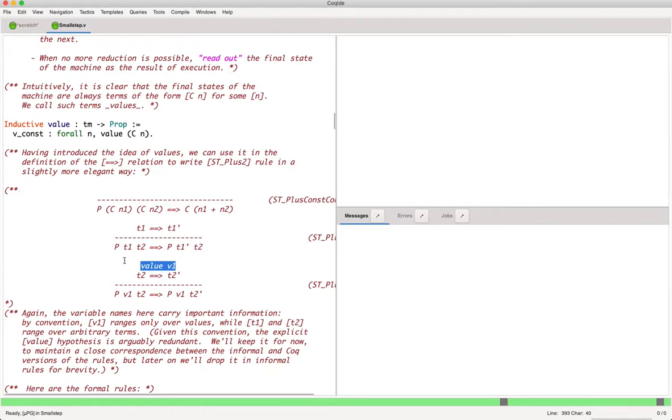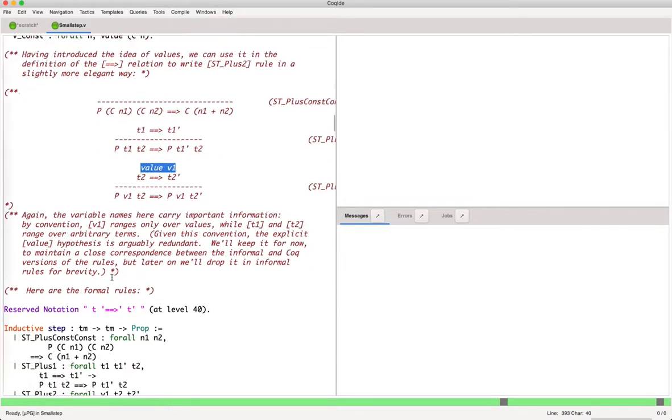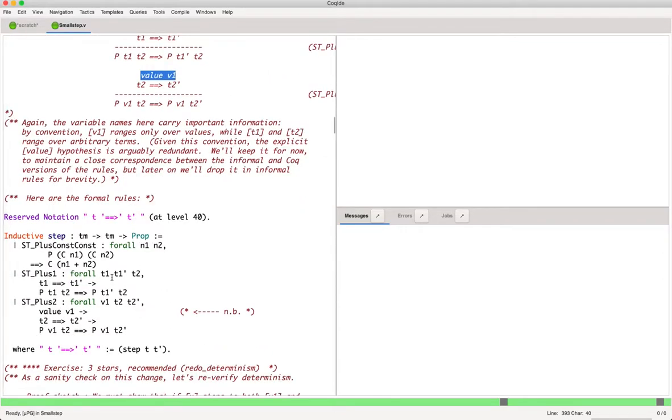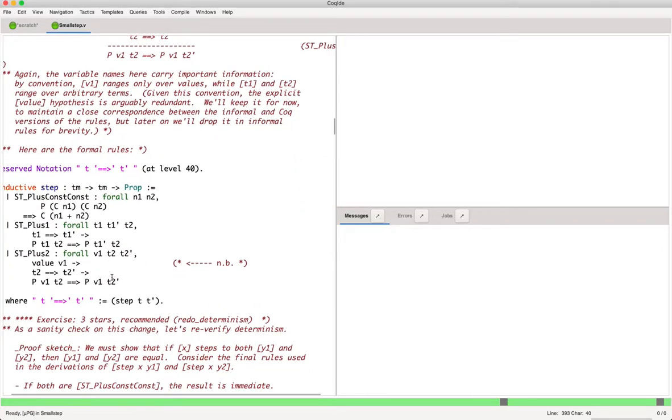That's a convention that's often used, because there might be bunches of different values, and if you have different kinds of values that you have to get in a particular position, you don't want one rule for every form of those. So this lets you abstract away what the values are. And this is the version of the step relation written in that way.